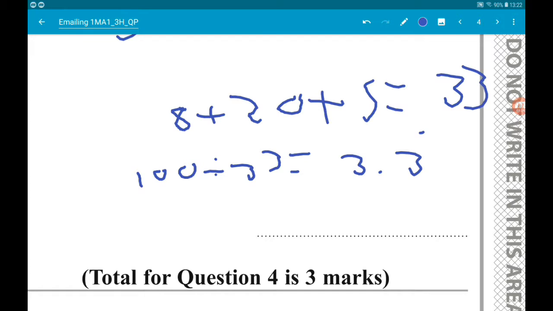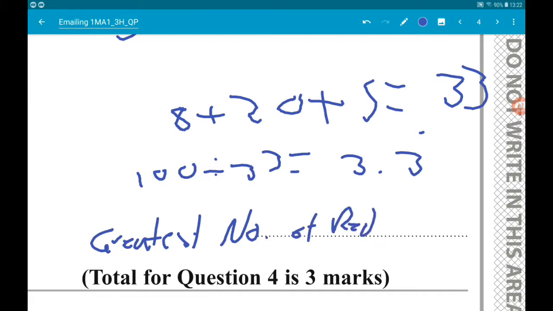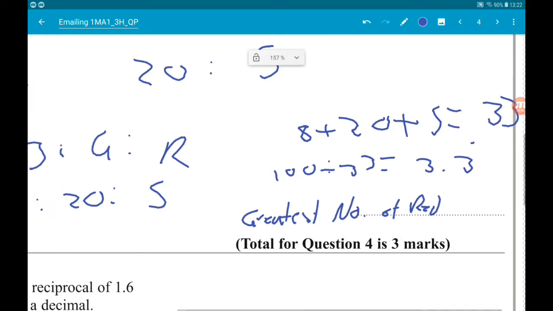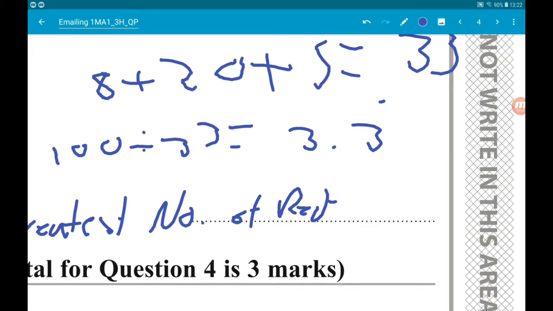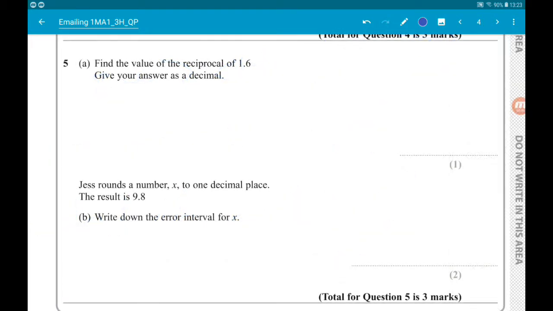So the greatest number of red pens is 3 times 5, which is 15.